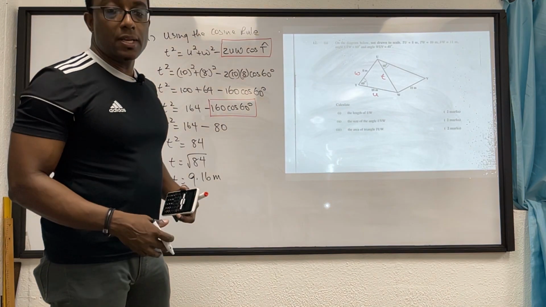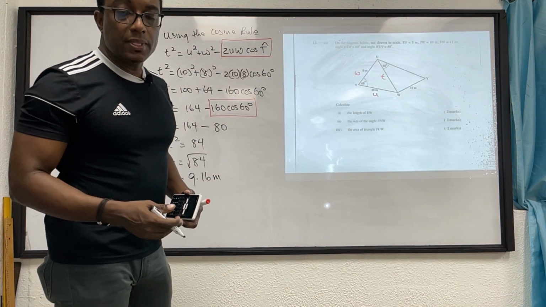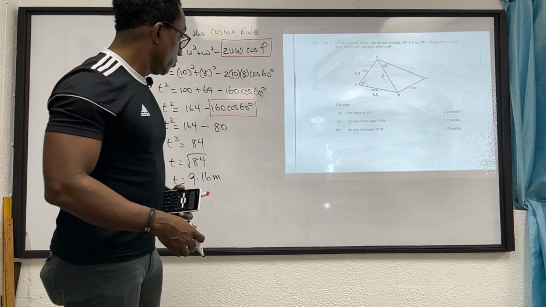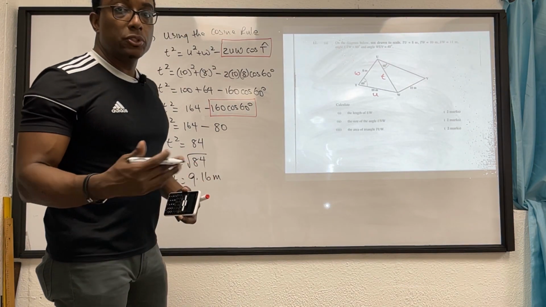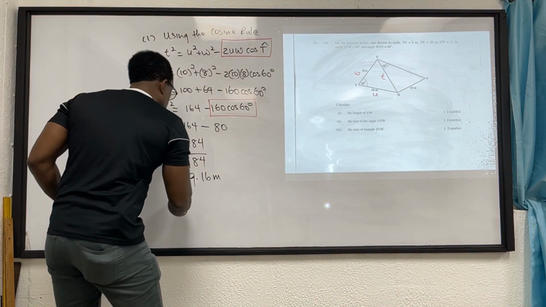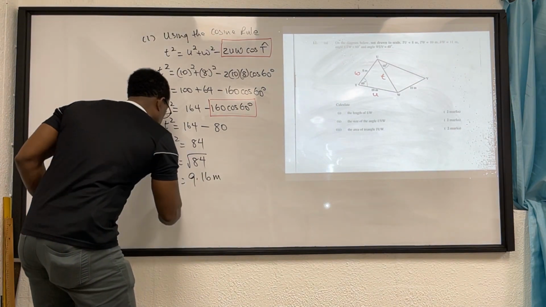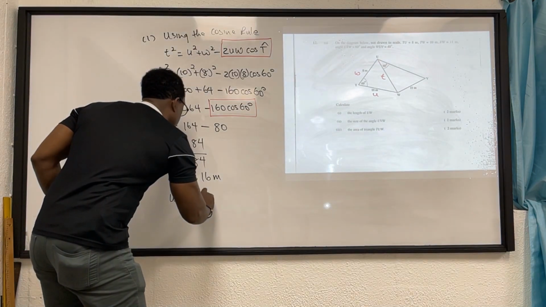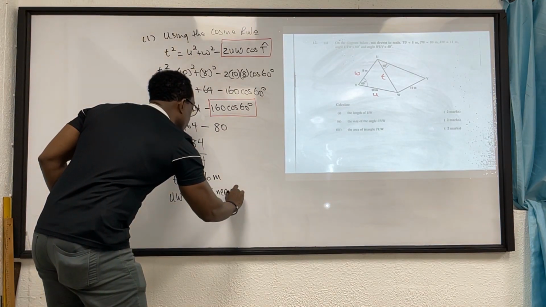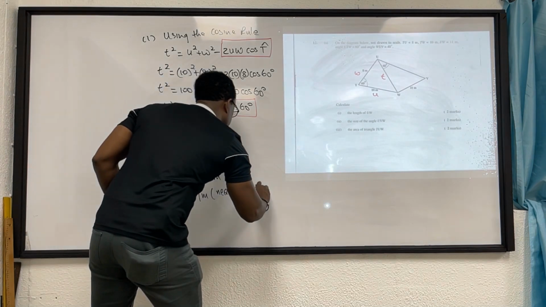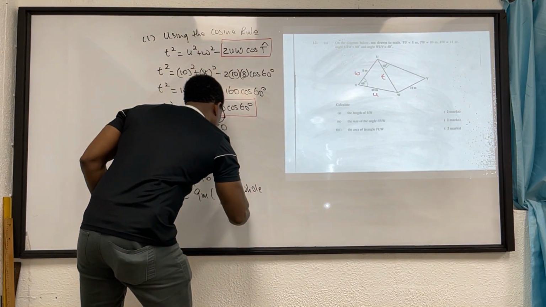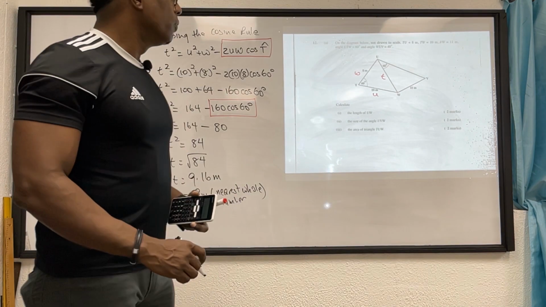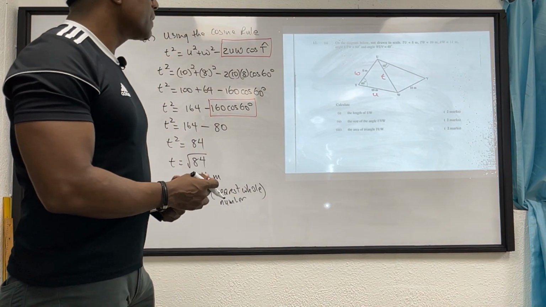If we approximate to the nearest whole, because nothing was stated in terms of what we can approximate our answers to, make sure it's stated in brackets. So T or UW to the nearest whole will be 9 meters to the nearest whole number. So the length of UW is equal to 9 meters.